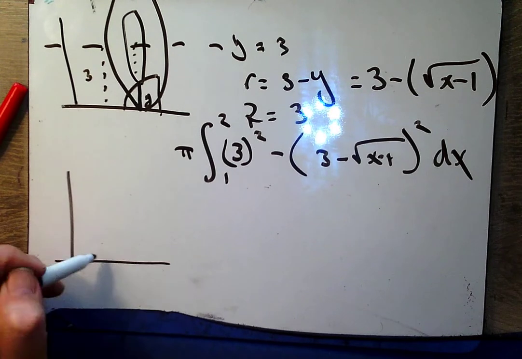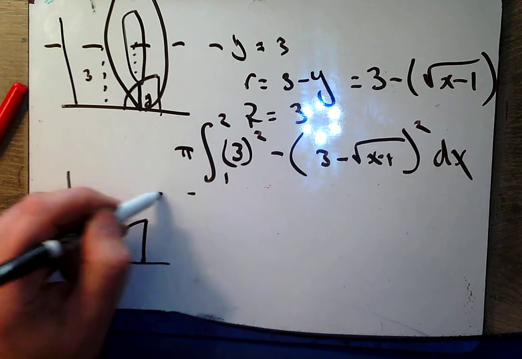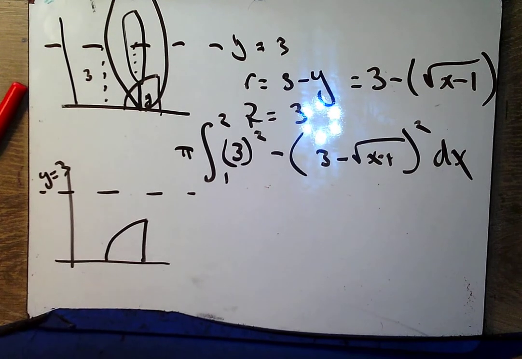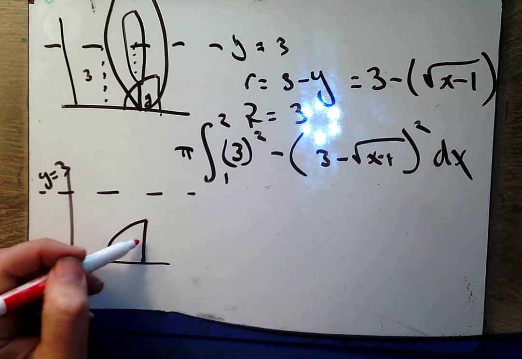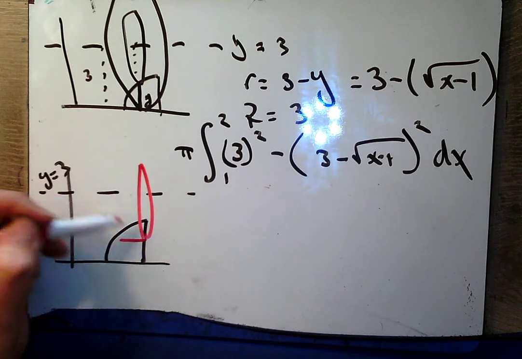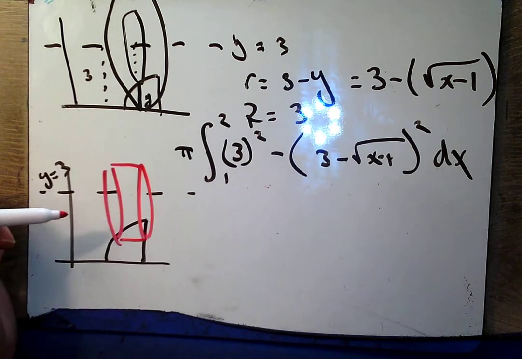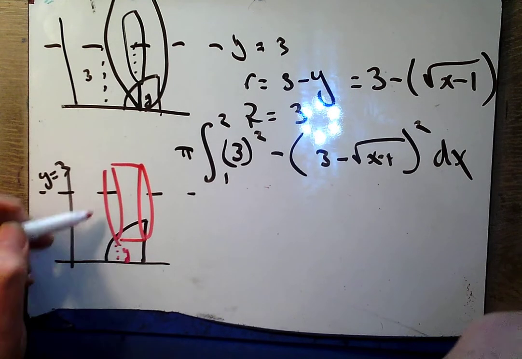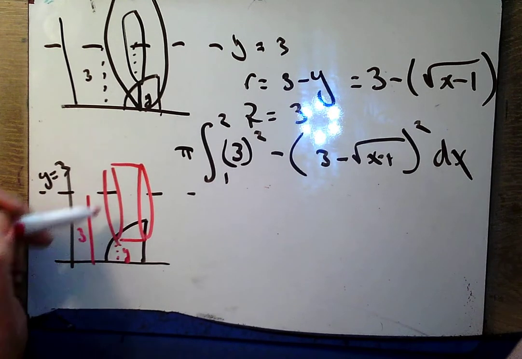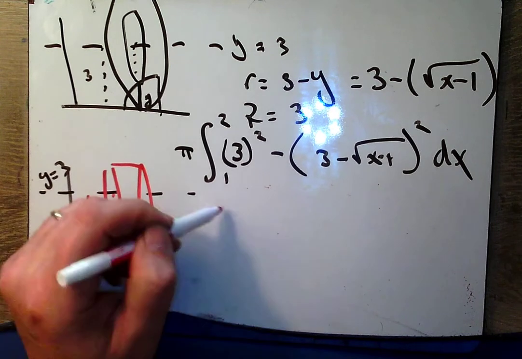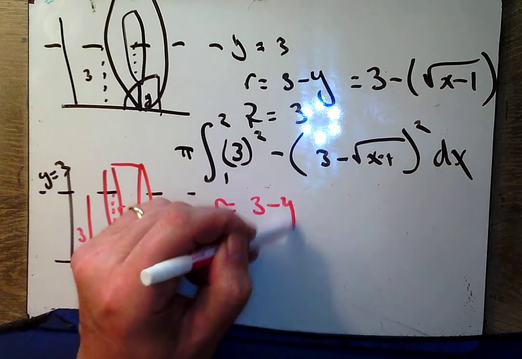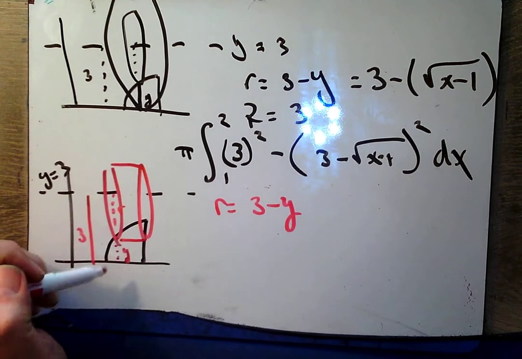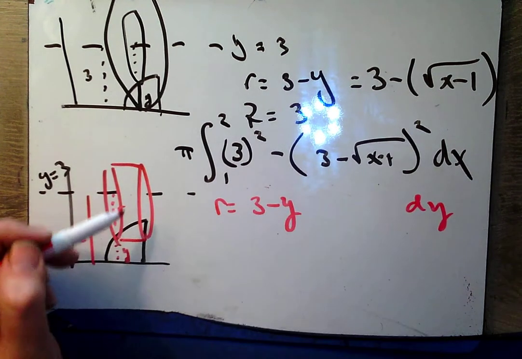The second one has us doing this again, but this time we're doing shells. Since we're doing shells, I want something that's parallel to the axis of rotation. And so there I go. Now I see this distance is y, this distance is 3, and so my radius is 3 minus y. I like having y there because this is a dy shell. So what about the height?